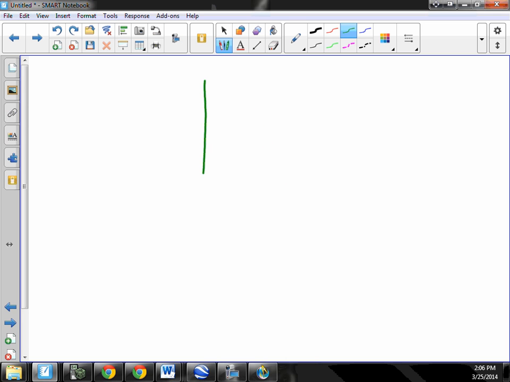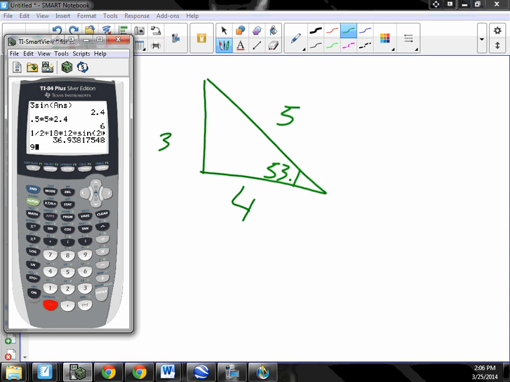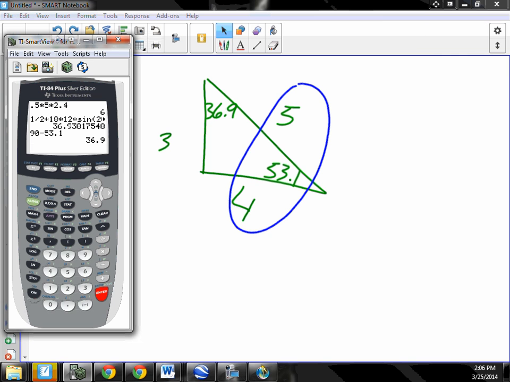Let's do a right triangle. So what's the complement of 53.1? 36.9. Now it shouldn't matter which two sides and which angle we pick. So as long as you have a side angle side, it should work.